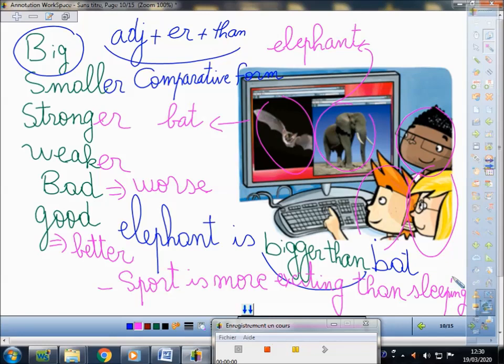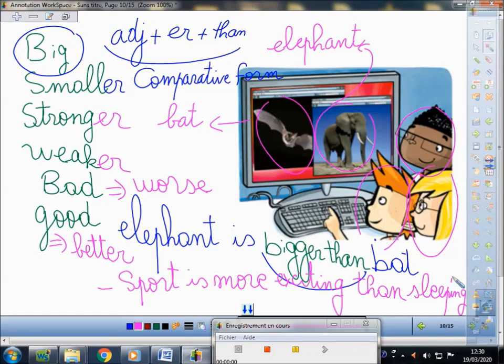Go back to our adjectives and try to reverse your sentence. Try to compare bat with the elephant in terms of small. For example, you say bat is small and you have elephant.